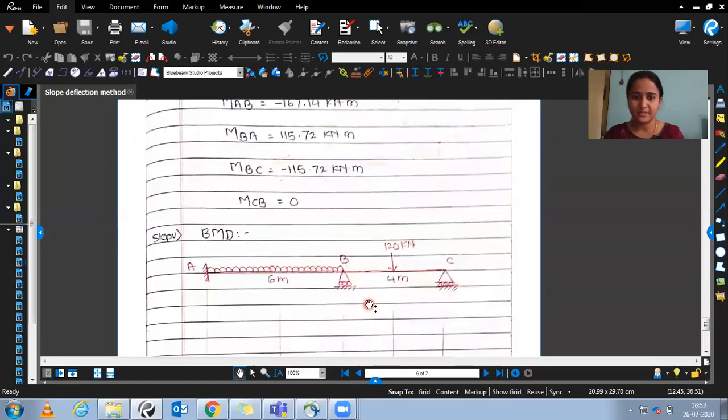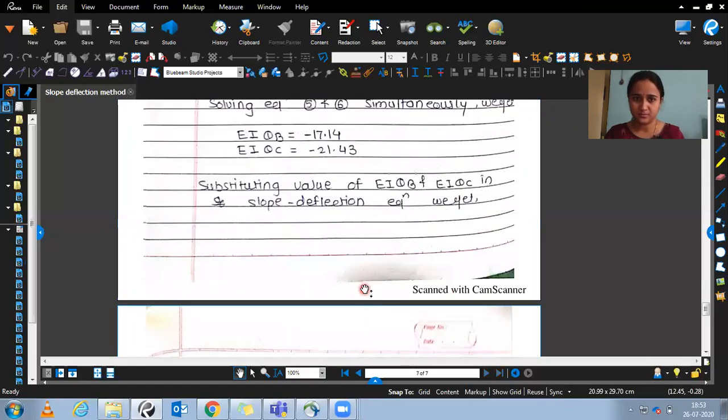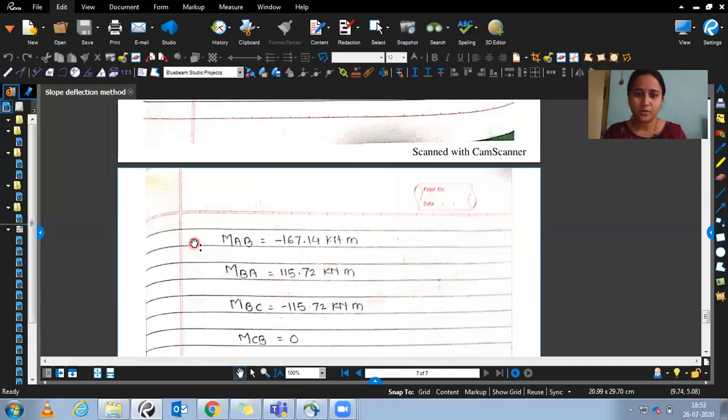Now if we are interested in finding, if they have given E as 2 into 10 raised to 5 Newton per mm square, and I as some value in mm raised to 4, we'll get the actual values of theta B and theta C. Okay, but here we have got these final moments.